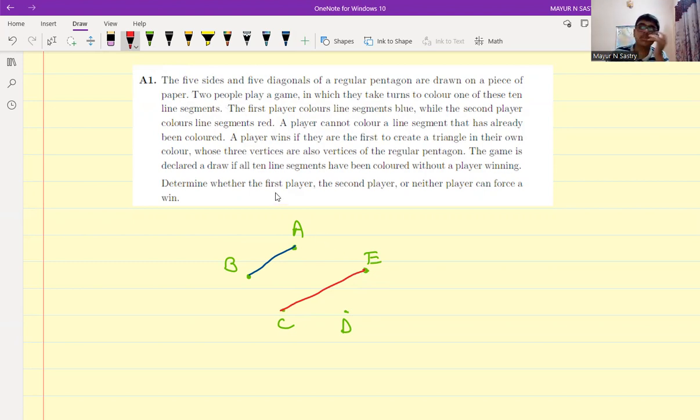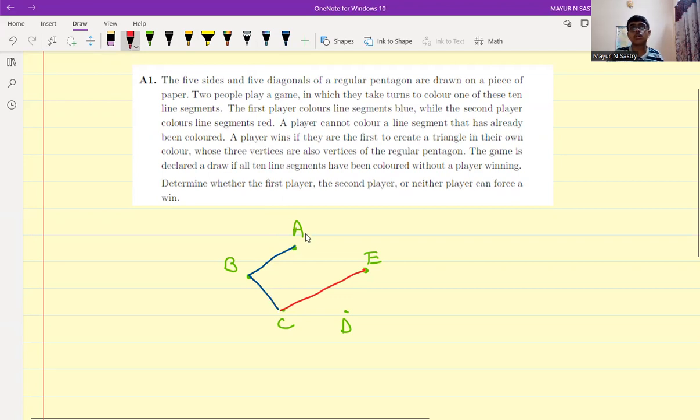Now, I want to connect a line segment that gives me an opportunity to complete a triangle in my next turn. Can I do that? Yes, because if I connect BC, then it gives me the possibility of completing ABC. But the second player does not want me to win, so he will try to prevent me from completing the triangle.